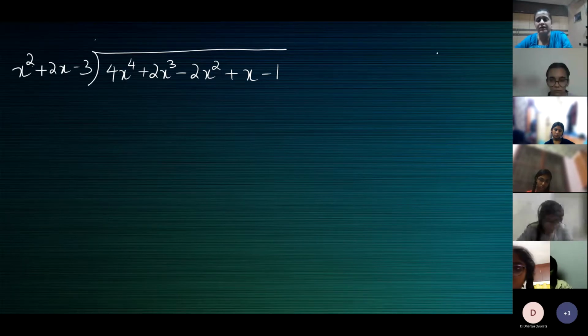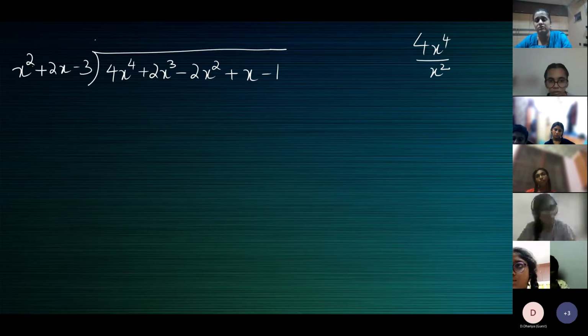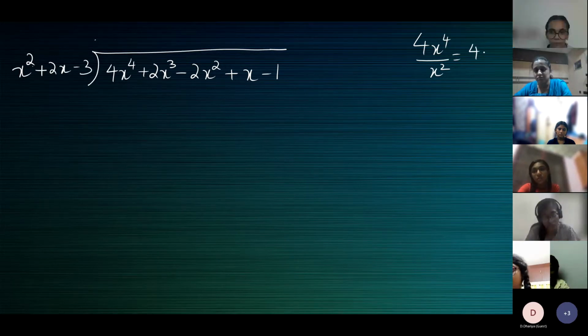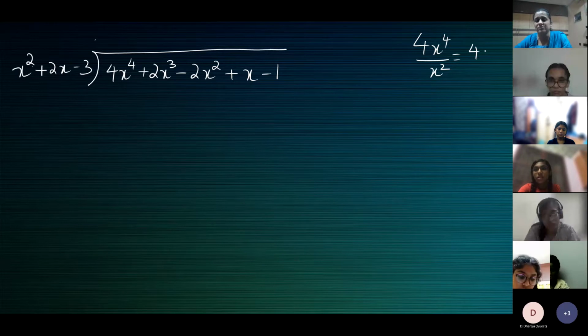So first we need to divide 4x to the power 4 by x squared. What's the result? All of us can participate. 4x squared, ma'am.